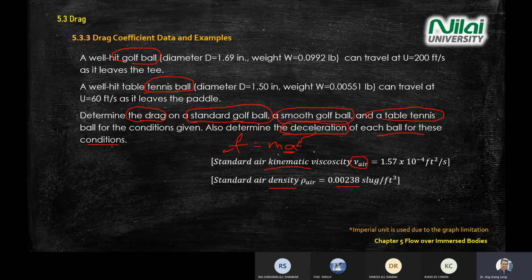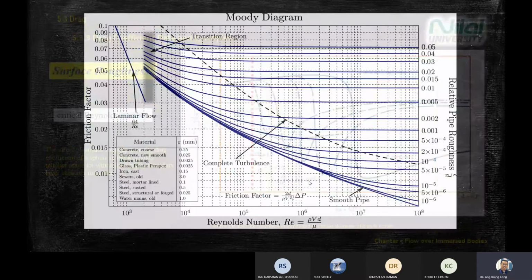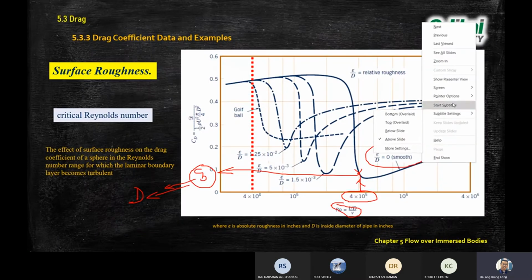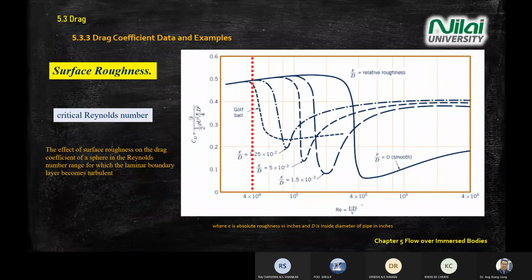Density of air is this one. Just to give you a note, if you compare this graph, this Reynolds number is given in kinematic viscosity. Take note, there's a different equation but the same value.